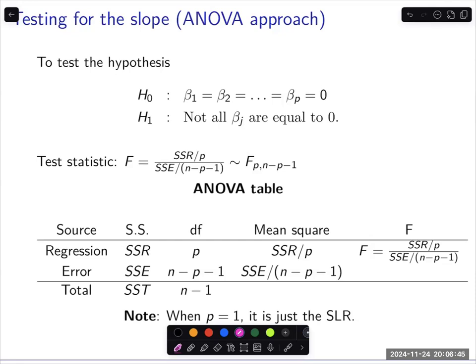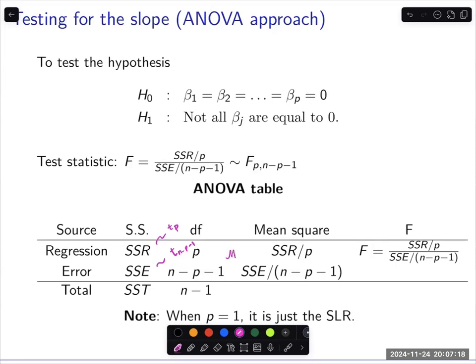To test this hypothesis, we introduce the following test statistic, with SSR representing the sum of squares of regression of the model, which follows a chi-square distribution with p degrees of freedom, and SSE following a chi-square distribution with n-p-1. So the ratio of the two is going to follow an F distribution.